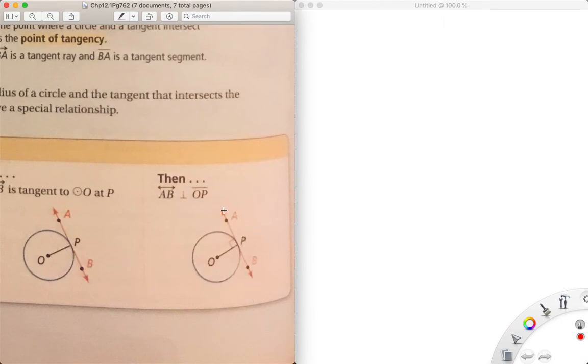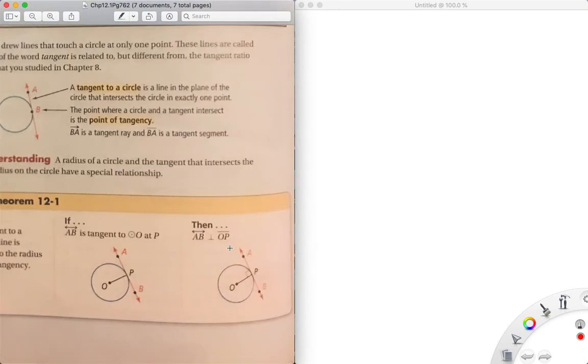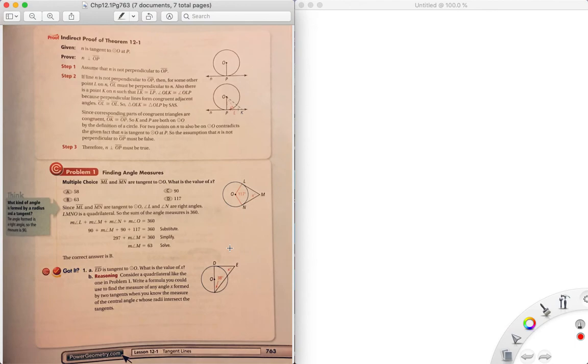So it intersects at point P, where OP, the radius of the circle, is perpendicular to line AB. That's if we know it's the point of tangency. They have a proof for it, but you're not going to be responsible for the proof.